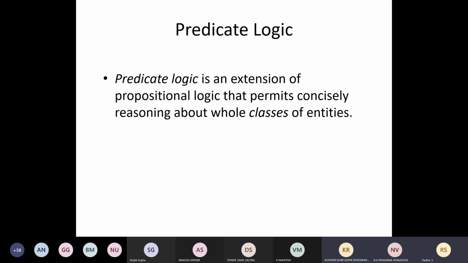But in predicate calculus, we mostly deal with, see, in English there are two things. Whenever you read a sentence, there will be a subject and a predicate, right? So what is a subject and what is a predicate?